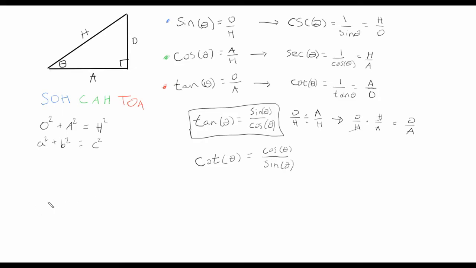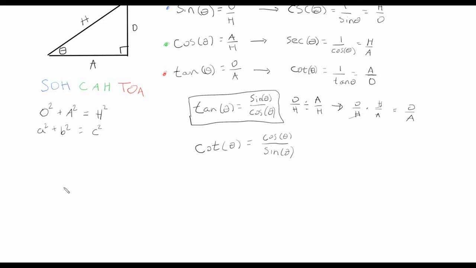The first one that we're going to see is the one that you're going to use the most often: sine squared plus cosine squared is equal to 1. And to do a quick proof of this, and this might help in understanding it, it didn't just come from nowhere.